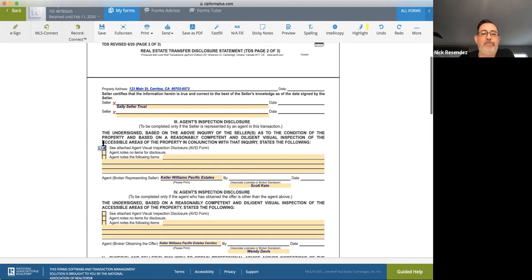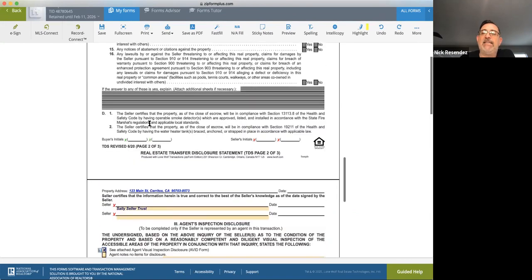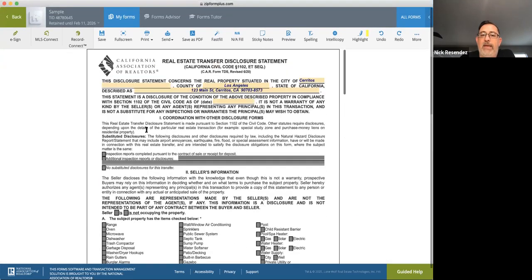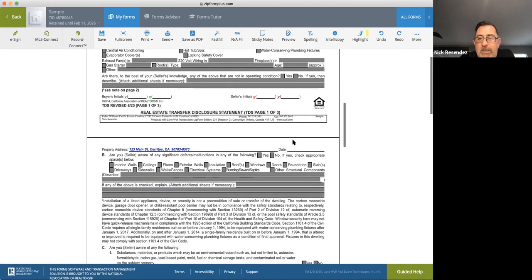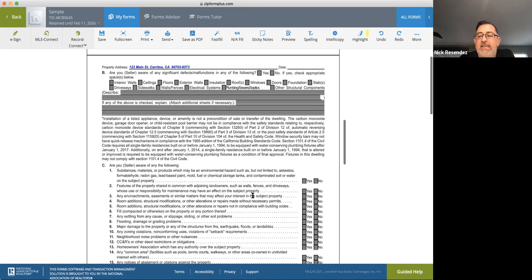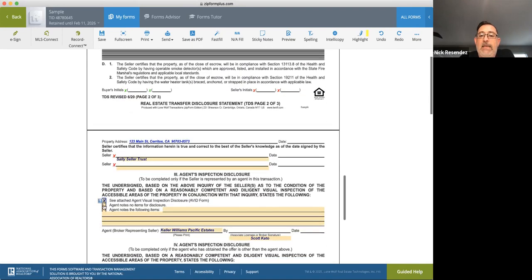Here's something interesting. If the TDS is not complete, any of these questions not done, or the agent doesn't provide the AVID, it's not considered complete, and it gives the buyer a cancellation right, even if they've removed all of their contingencies.